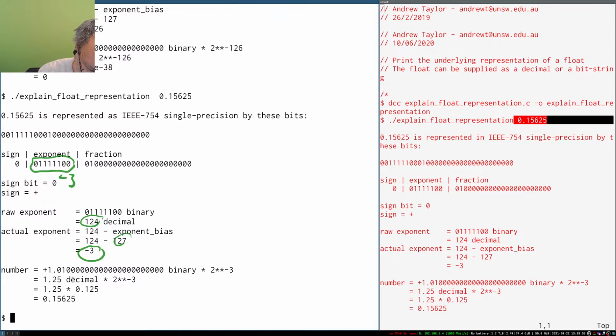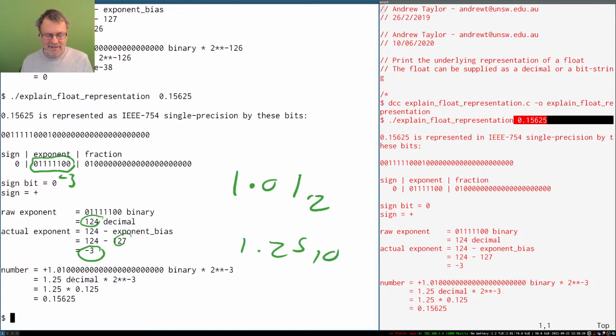So now we've got 0.01, and remember we've got 0.01 base 2, which is 1.25 base 10. So the final number is 1.25 times 2 to the minus 3.